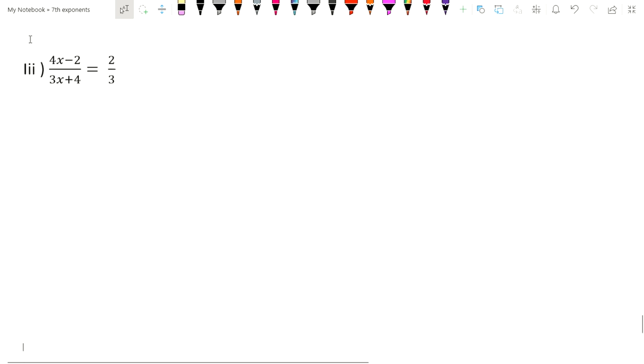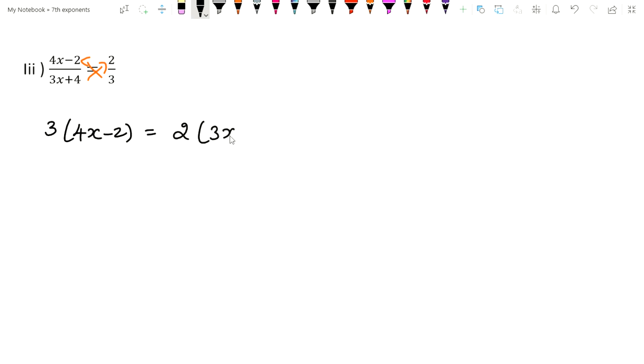The last one: (4x minus 2) by (3x plus 4) equal to 2 by 3. Just cross multiply. 3 into (4x minus 2) equal to 2 into (3x plus 4). Now you multiply this: 3 into 4x, 3 into minus 2, 2 into 3x, 2 into 4.